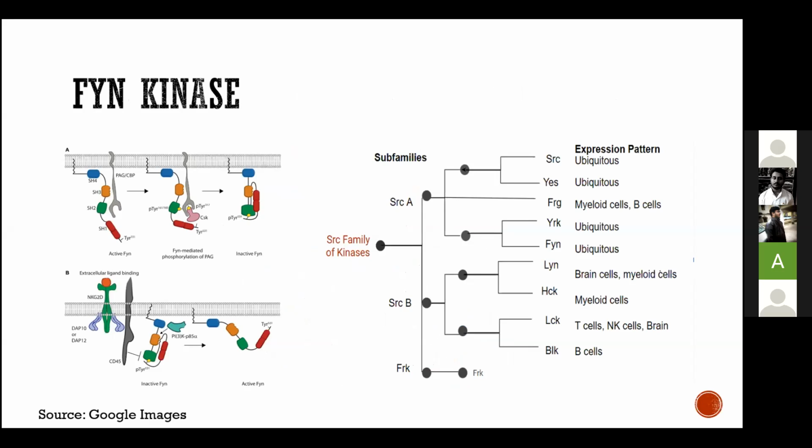So as I said, we are studying cellular migration. There is this study which shows that ECM, the extracellular matrix, which has integrin, fibronectin, or whatever matrix kinases, interacts with the active Fyn.